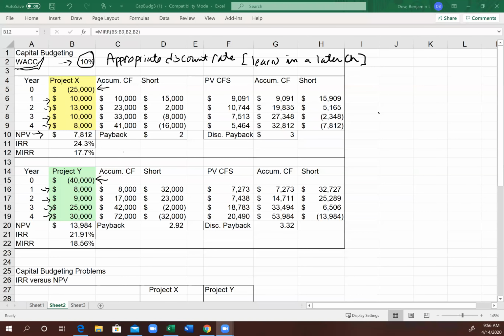All right, if we go back and look, project Y's main advantage was that it had a higher net present value.